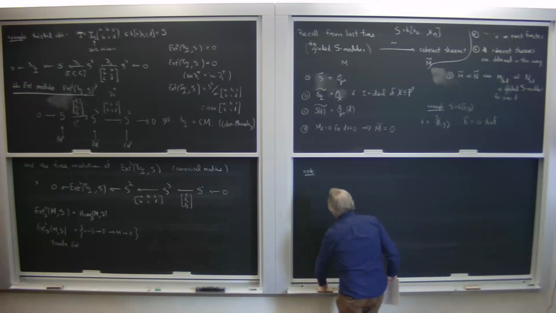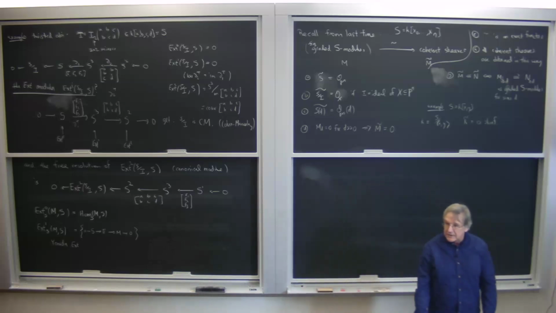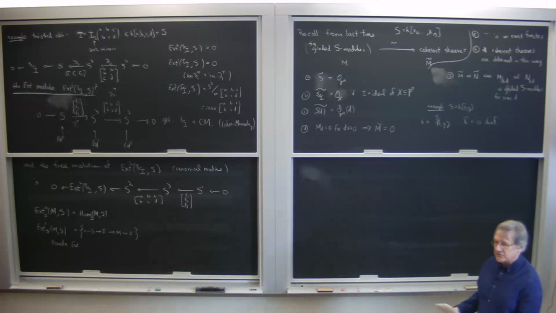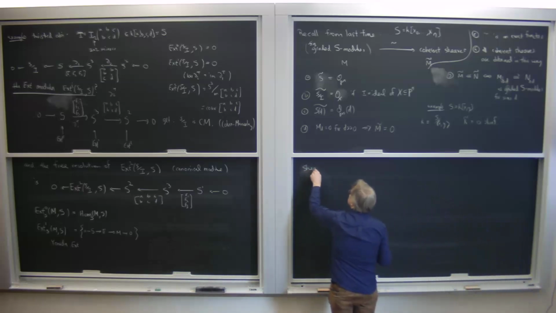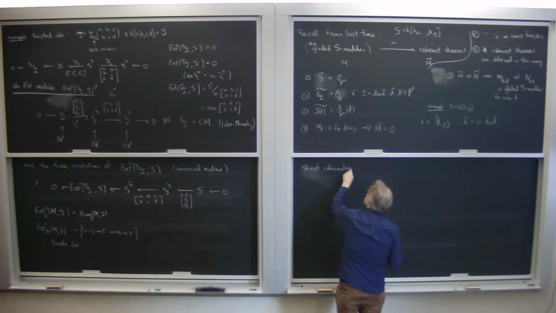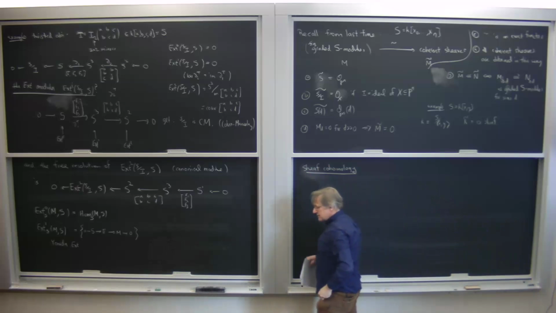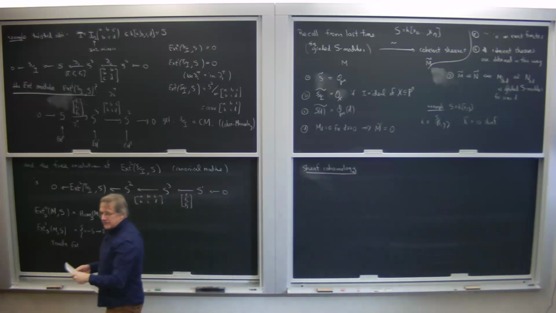Okay, actually I don't want to say much more about that. I could go on and on about this, but let's do some sheaf cohomology now. Sheaf cohomology is kind of interesting.